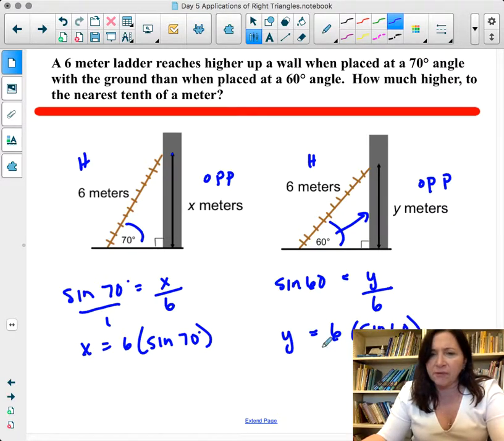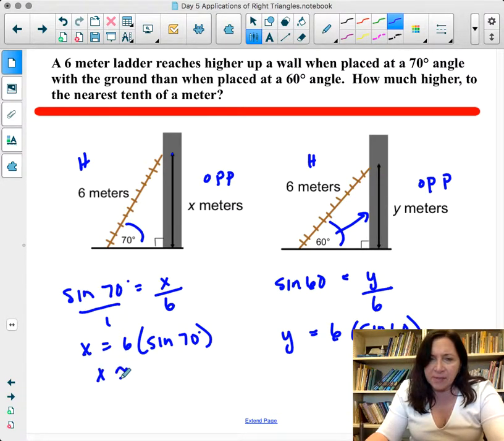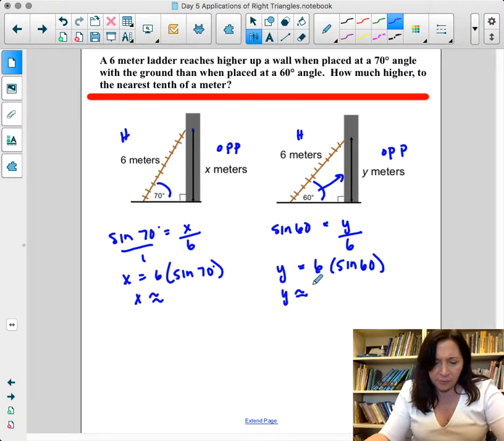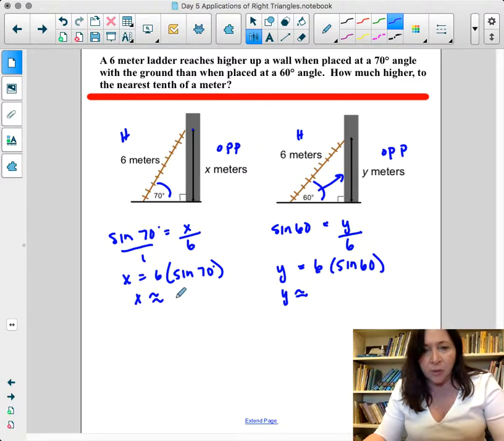What we're trying to figure out is how much higher is one over the other. So we need to find x, and we need to find y, and then figure out how much higher one is over the other. Using your calculator again, make sure you're in degrees.